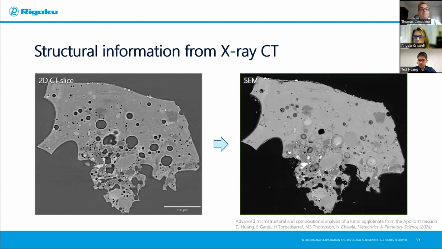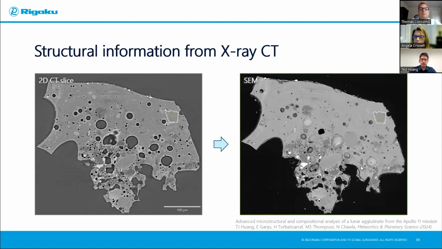But because CT in this case has its contrast based on the density and composition differences, we're already seeing some contrast. And on the right side, this is an SEM image, specifically an EBSD backscatter electron image. So we know a backscatter electron image also gives you a contrast. The darker and brighter areas you're seeing here also correlate to their composition and their elements. And with that contrast, I can identify the particles or the minerals inside.